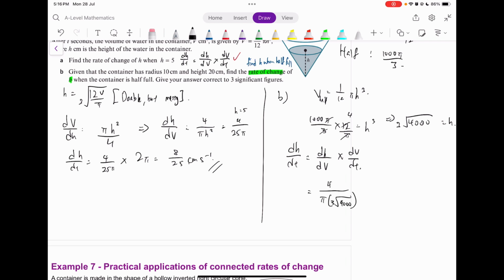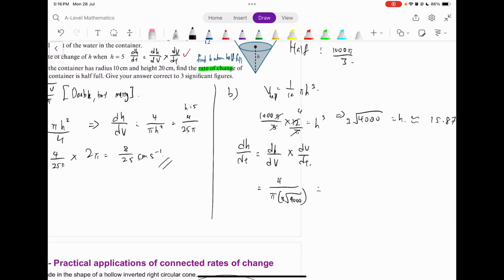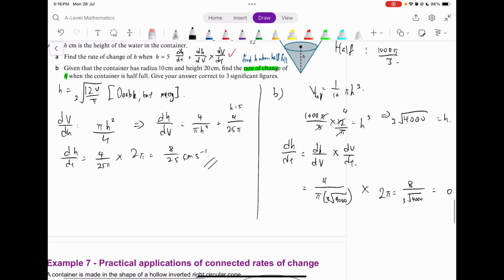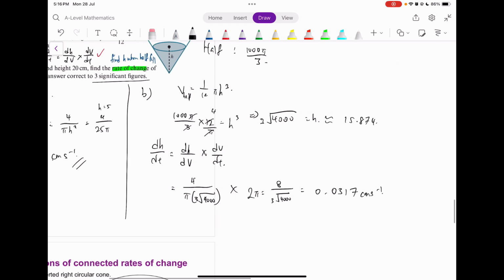Put it into the calculator. Please do not try to do it by hand. Then times 2 pi. So our final answer should be 8 over the cube root of 4,000, which is approximately 0.0317 cm per second, because we need to give 3 significant figures.